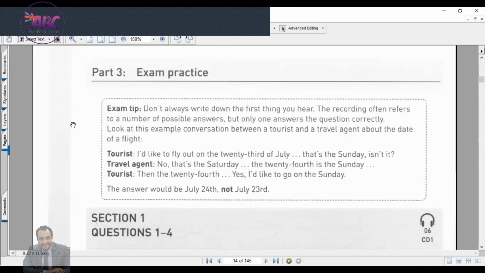After you do the test, review your answers again and compare them with the answer keys to know why certain answers were correct and why some were not correct.